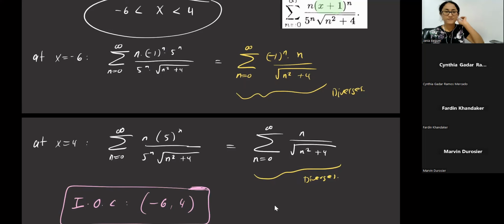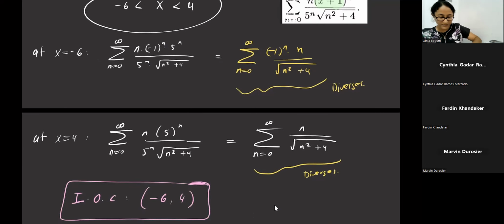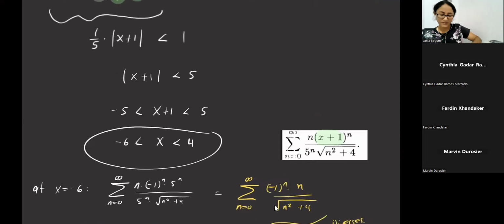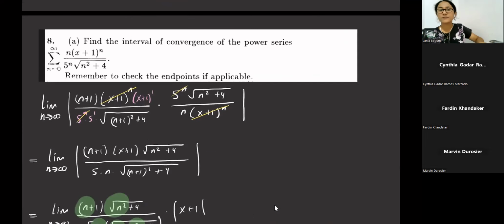Do we have to test for conditional and absolute convergence? Oh, not for this question. For this question, you just want to know the interval of convergence and if there's any convergence at the endpoint. When you're testing the endpoint, if it's conditionally convergent, that's not important. No, not at the endpoint.